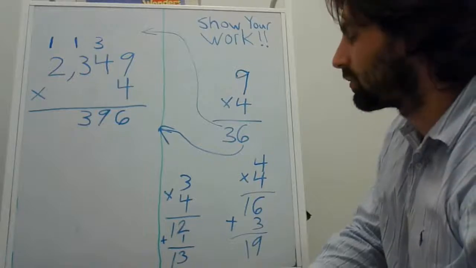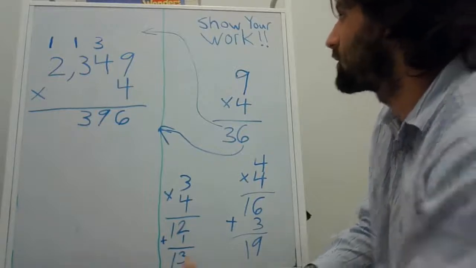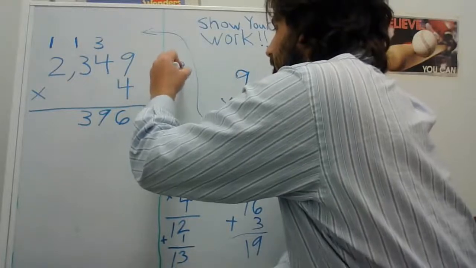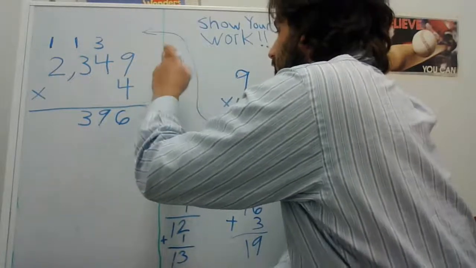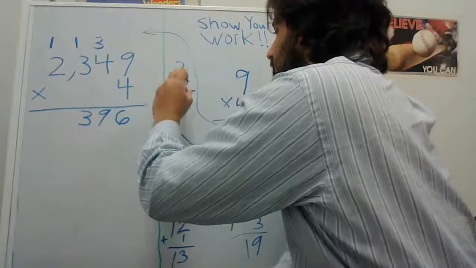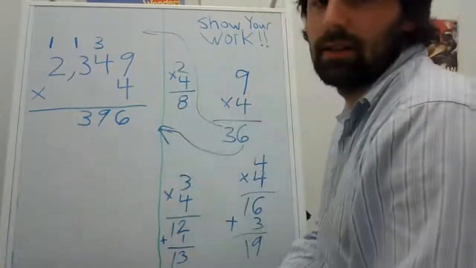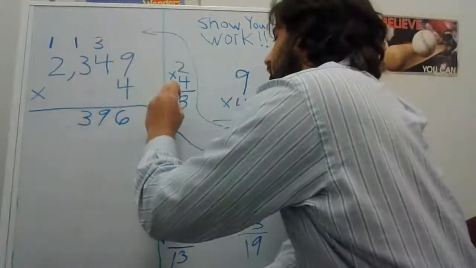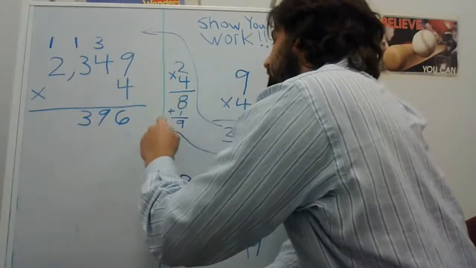So now we're going to multiply 2 times 4 and add 1 to our answer. So 2 times 4 equals 8. And then we have to add the 1 that we carried over, plus 1 equals 9.